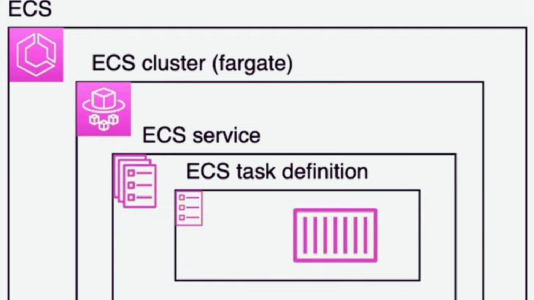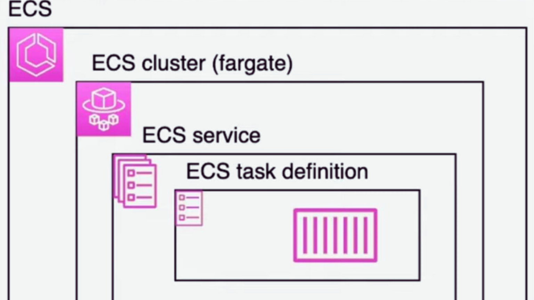It specifies which Docker image to use, how much CPU and memory the container should get, the networking configuration, and other important settings. Then we have services, which are responsible for keeping tasks running. If you configure a service to maintain 2 or 3 tasks, ECS will automatically ensure that the specified number of containers are always running. If one fails, ECS will restart it to maintain uptime.